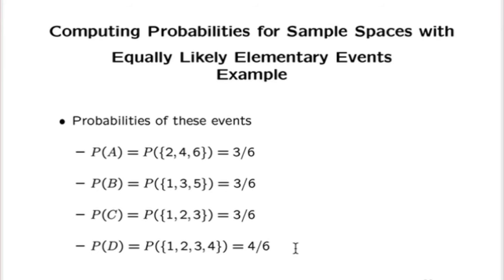But in this class, that's actually a disadvantage because what we're going to be doing is combining these kinds of probabilities via sums and things like that. So it's going to be beneficial if we leave them like this. You can certainly reduce them if you want, or write them as a decimal, but it is acceptable to leave them like this.